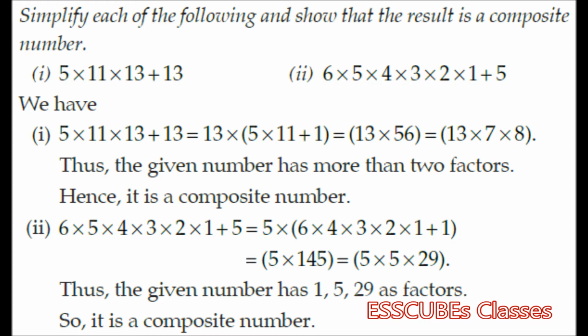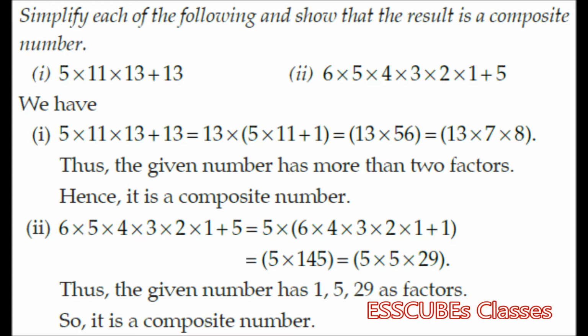Let's take another example, the second one: 6 into 5 into 4 into 3 into 2 into 1 plus 5. Over here the term 5 can be taken as common. So I can write this as 6 into 4 into 3 into 2 into 1 plus 1, the entire thing multiplied by 5.